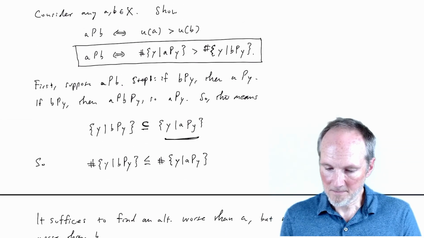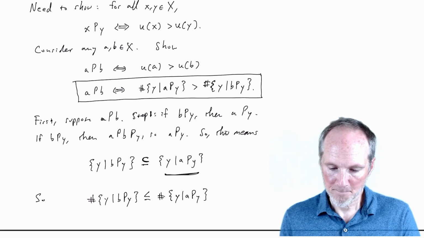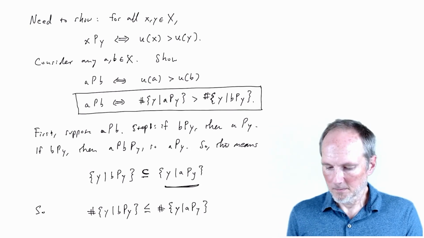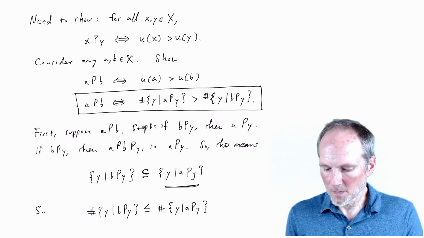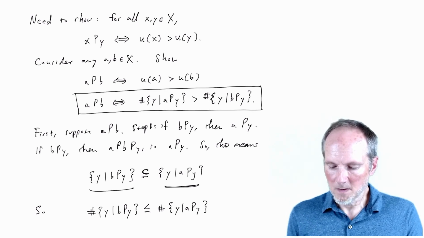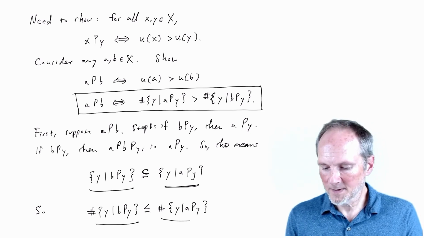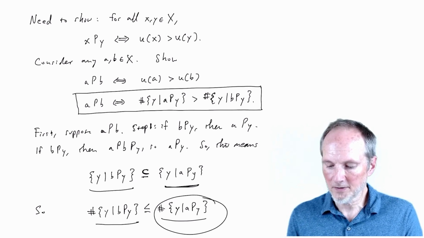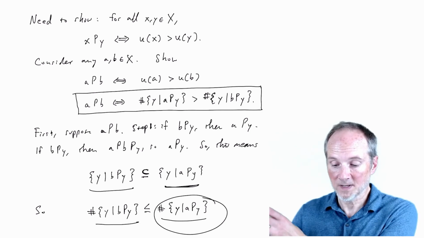Going back here, we have the set inclusion, which tells us the set of things worse than B cannot be bigger than the set of things worse than A. Now we just need to find an extra element over here in that set to make it strictly bigger.